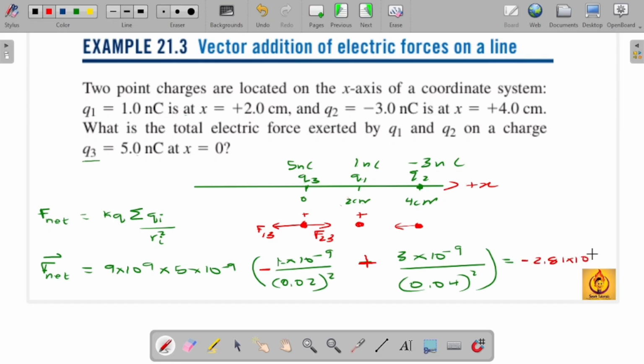Times 10 to the -5. Yeah, so because it is in the x direction, we'll write i hat because it's in vector form. So this is how you do it using the superposition formula.